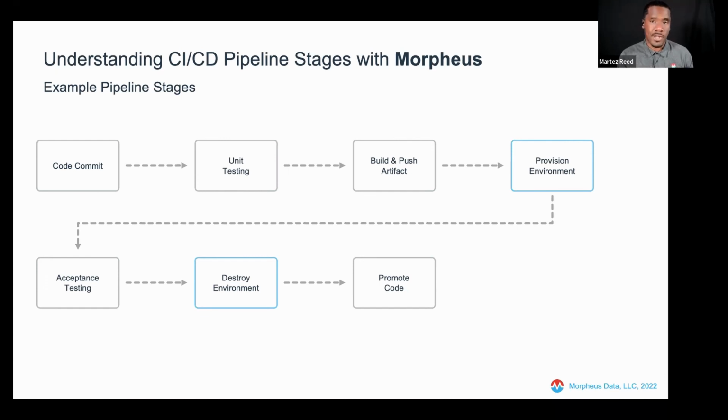So at which point the pipeline now has the information about the actual Morpheus deployment to make that determination of, do I proceed down the path in which I tear down the environment, or do I proceed down the path in which I leave the environment up for additional testing or evaluation? So hopefully that answers the question.